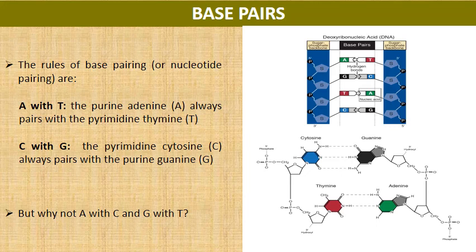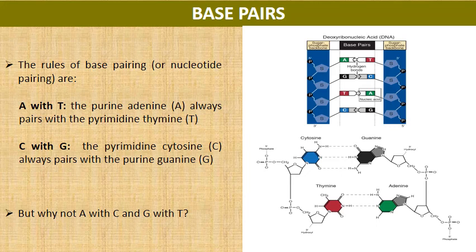Next, we come to base pairs. We have talked about 4 bases in DNA and 4 bases in RNA. How are these base pairs formed, and more importantly, why these only? These are the rules of base pairing or nucleotide pairing.